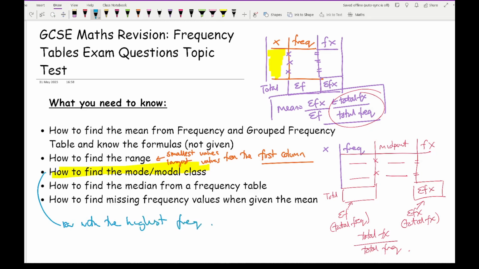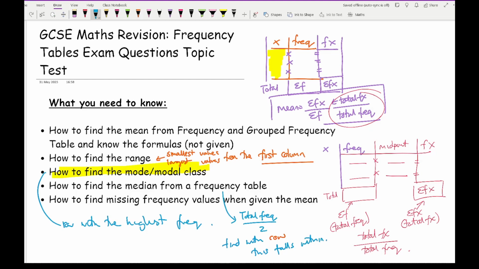The median for this one, what you need to do is first of all divide the total frequency by 2 and then find which group, so which row, this falls within. And again, there'll be examples of that type of question in the questions that we go through in this video.